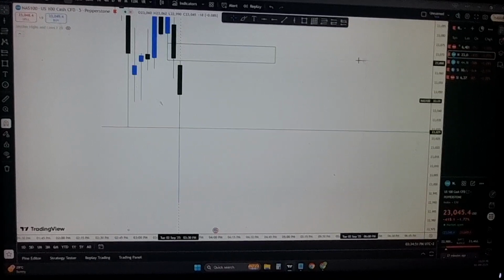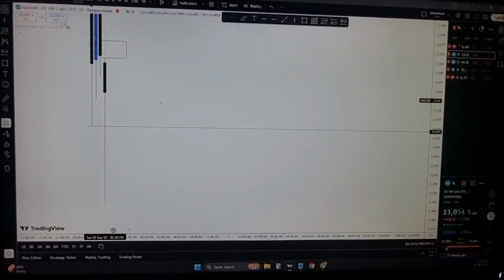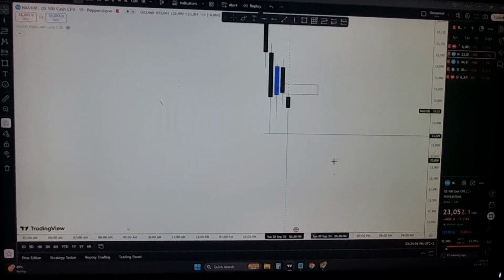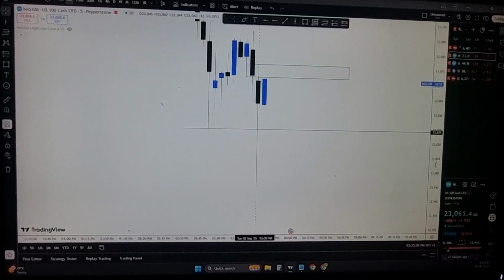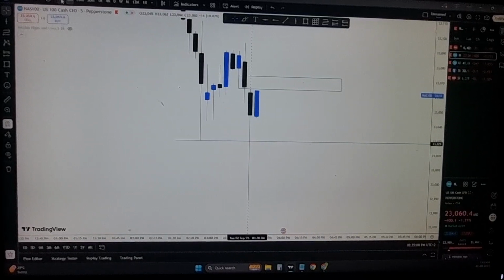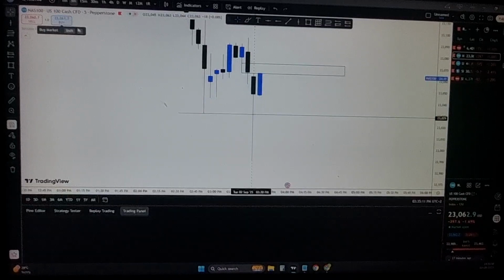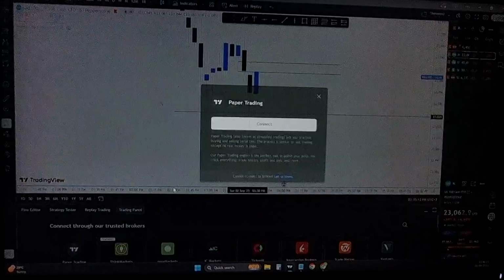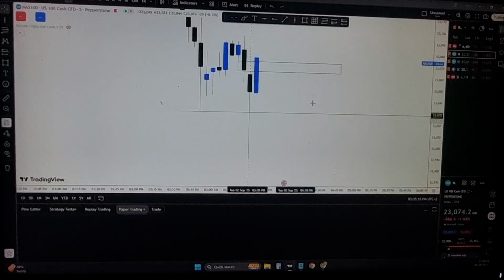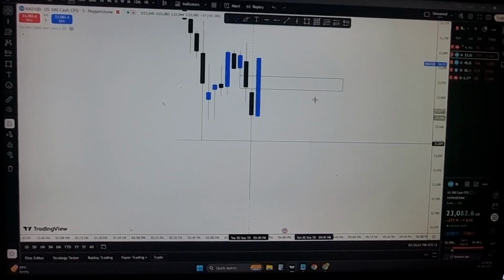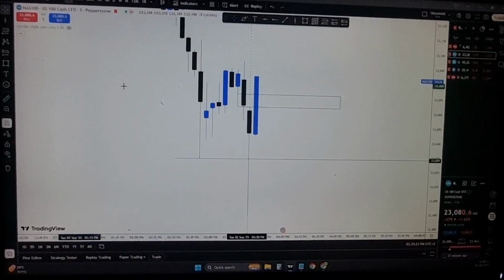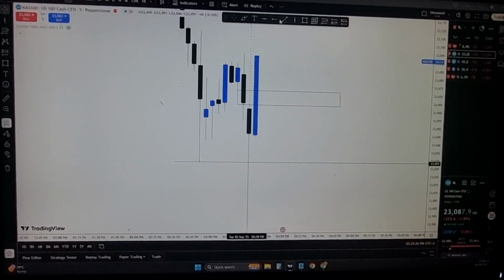Okay, I am bullish for the day. I don't want to take a trade before 3:45, just because we have PMI coming out. Okay, we are inversing this gap.